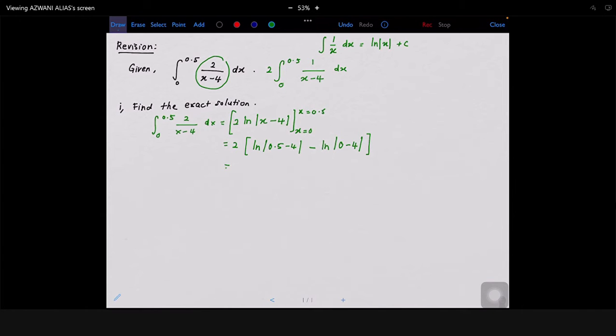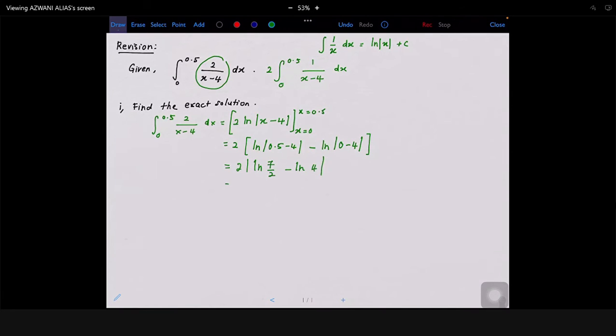Ln modulus x. So nilai kat situ adalah is always positive. Ingat? So kat sini dia ada modulus x. Okay, so it should be the inner ni is always positive lah. Okay, so 2 ln 7/2 minus ln 4.